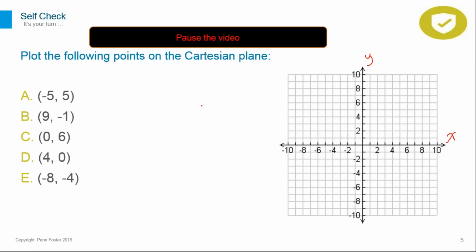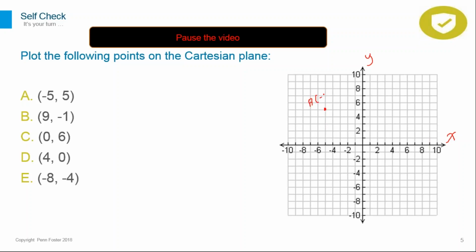Okay, let's do the question together. So we have -5 and 5 for point A. So again, we determine where the -5 on the x-axis first, and that is the -5. And then it says 5 for the y, so 1, 2, 3, 4, 5, and that will make A this point.